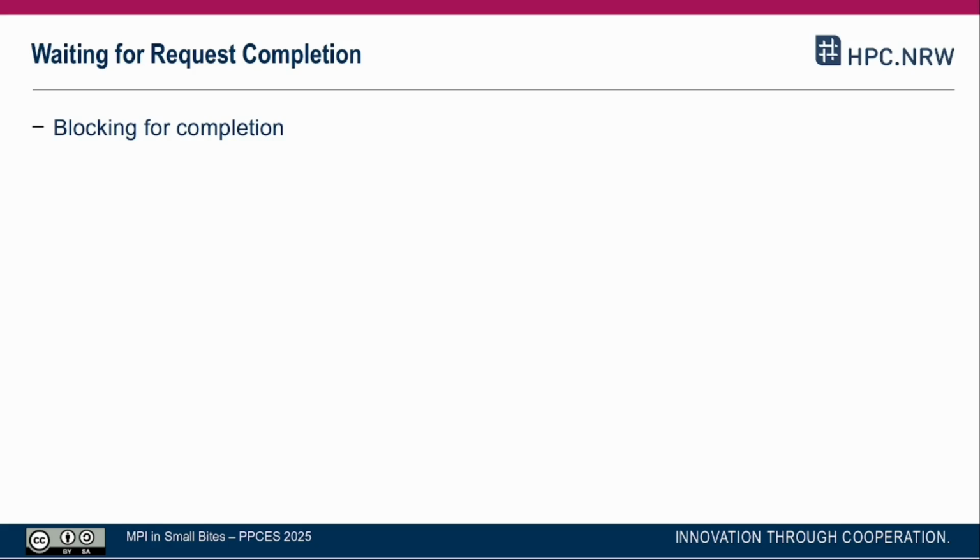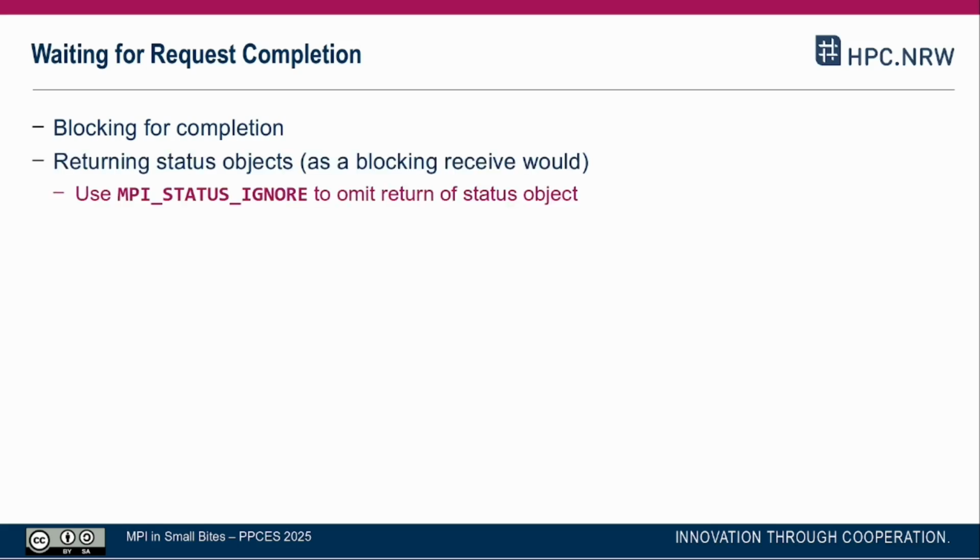Okay. So how do we complete these operations? There are two families, I call them, and within those families, we have 4 different types of waiting for the completion. The first one is when we block for completion. That is a blocking call again, and it's called wait. With the blocking for the communication, we return the status object, and the same thing applies that we said about status objects with an MPI receive.